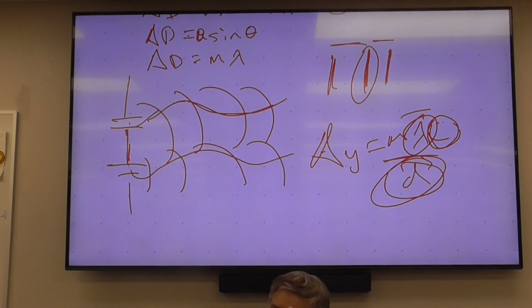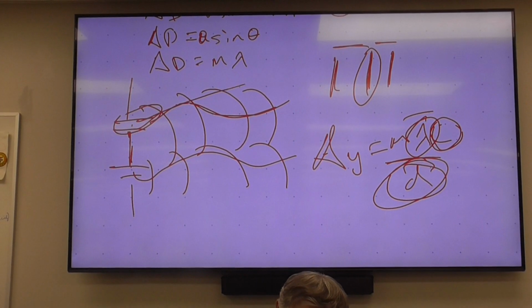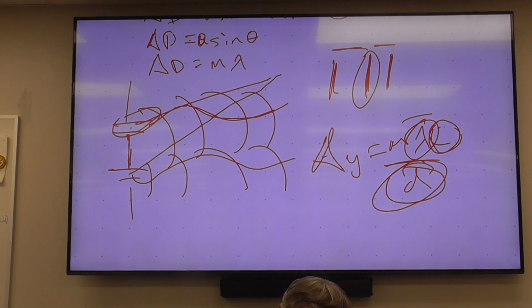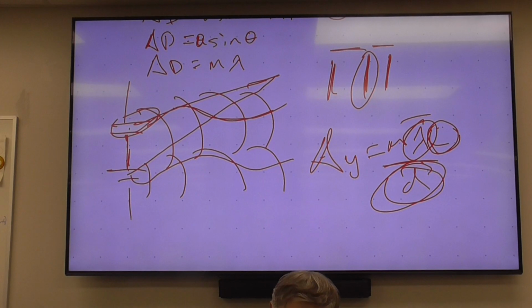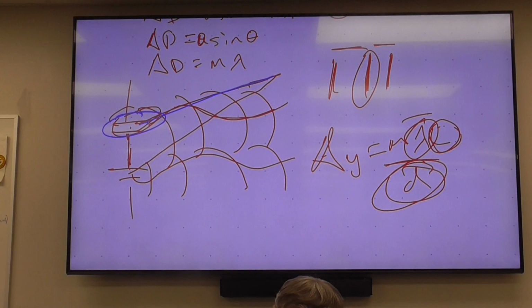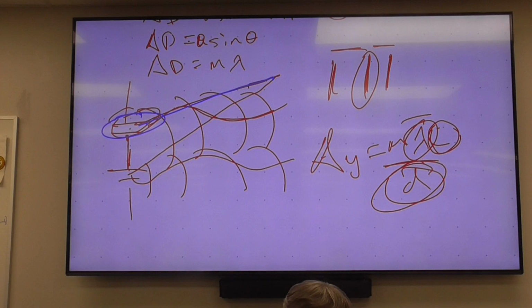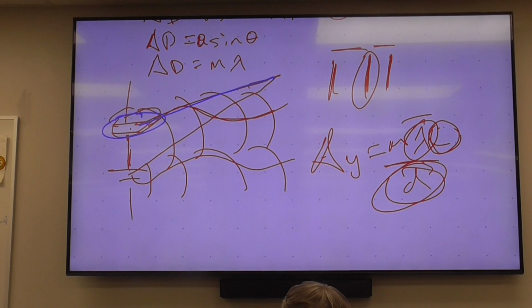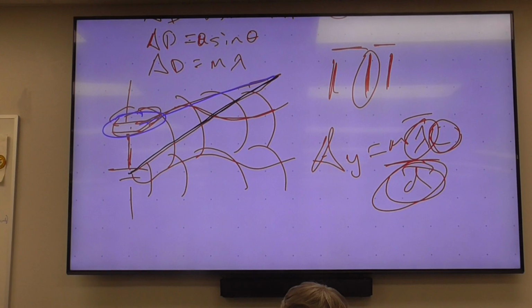So, to get constructive interference, one of these has to travel a greater distance than the other one does. So if this is your point source here, that top blue line is going to travel a shorter distance than the black line is.